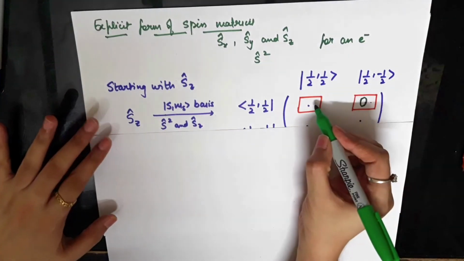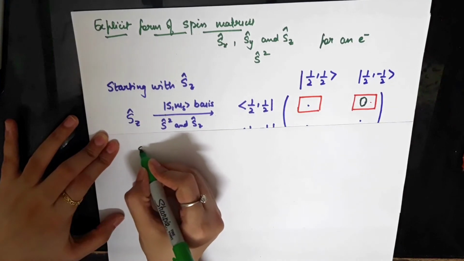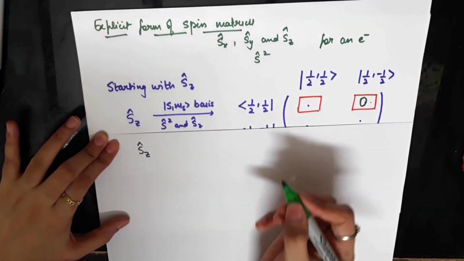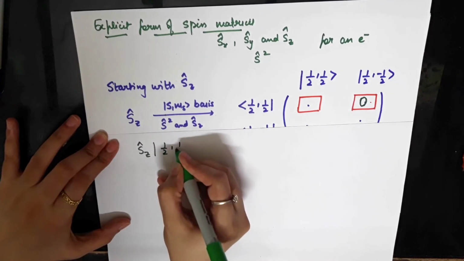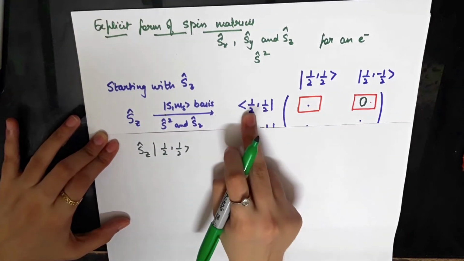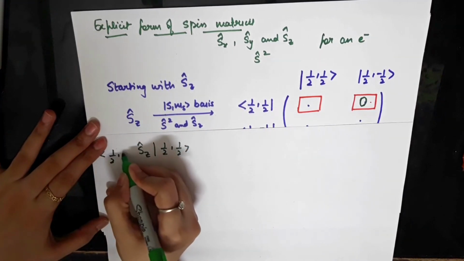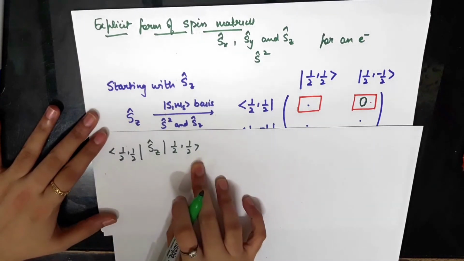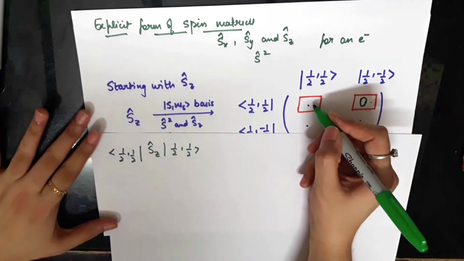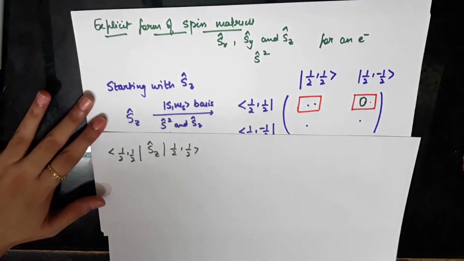If I want to compute this matrix element, it is a matrix element of the Sz operator, and the column entry goes as a ket here, which is half and plus half, and the row entry goes as a bra here, so it goes here as half and plus half. Finding out this matrix element would tell me what the number here should be.